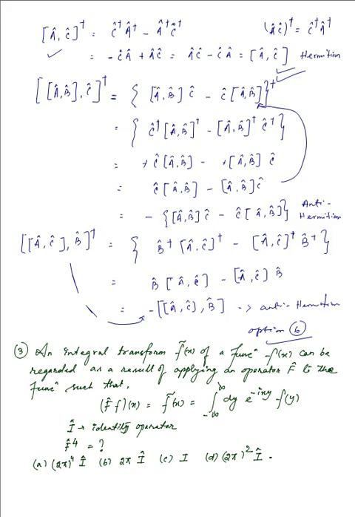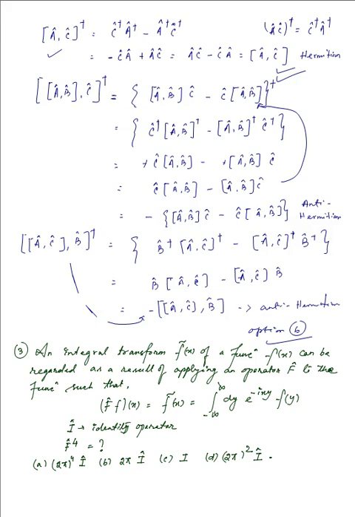If I is the identity operator, what will be f operated 4 times, that is f raised to the power 4 acting on the function, be equal to? Now f being an operator, it will be some multiple of the identity operator as we have in the options: 2 pi raised to the power 4 times the identity operator, or just 2 pi times the identity operator, or the identity operator itself in option C. And in the fourth option, that is D, we have 2 pi squared times the identity operator.